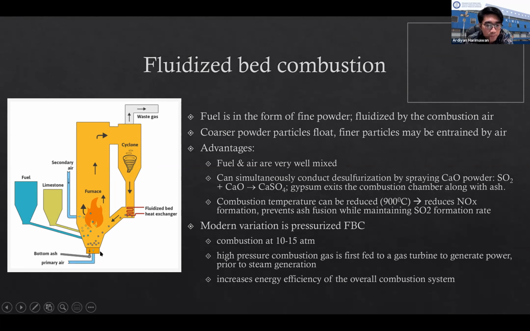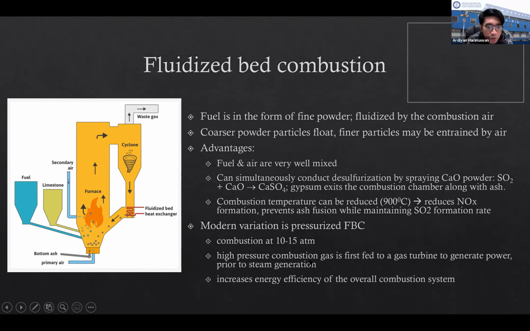bottom ash. In fluidized bed combustion, the temperature can be reduced to around 900 degrees C, so it can reduce the formation of NOx, and also prevent the ash fusion while maintaining the SO2 capture rate. The modern variation now is the pressurized FBC, where the pressure of the fluidized bed is increased to 10 to 15 atm.